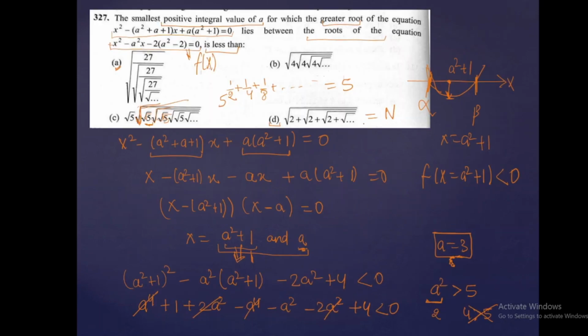So we have this option number D to be 2, option number B is how much? It is 4, and option number A is how much? 3. So now we need to solve the question. We have already figured out that value of A is how much? 3. So see carefully. The smallest positive integer value of A for which the greater root of the equation lies between the root of equation is less than.